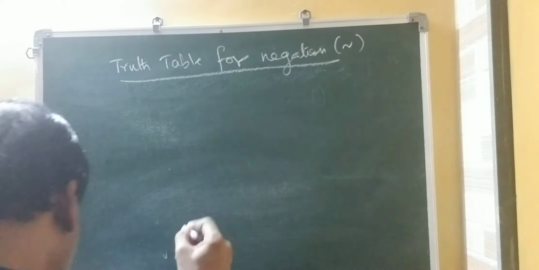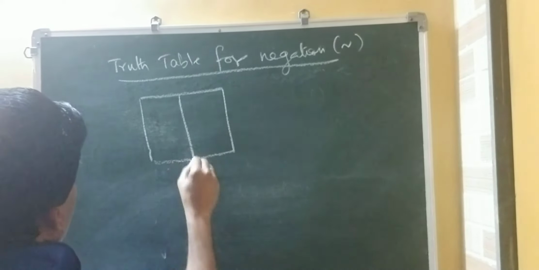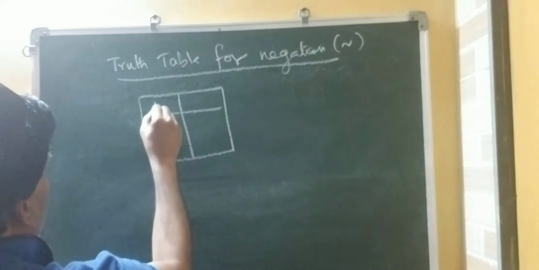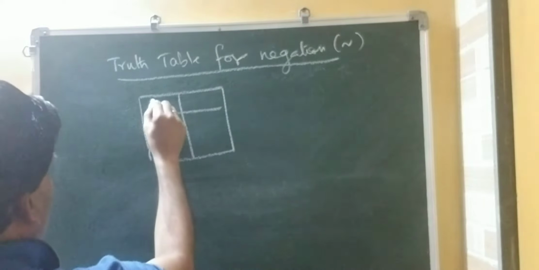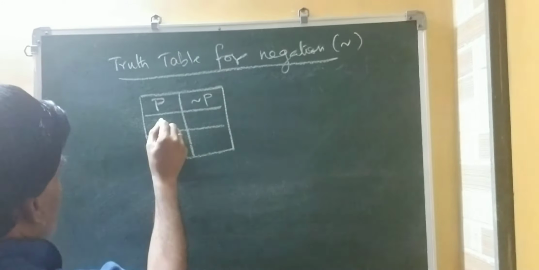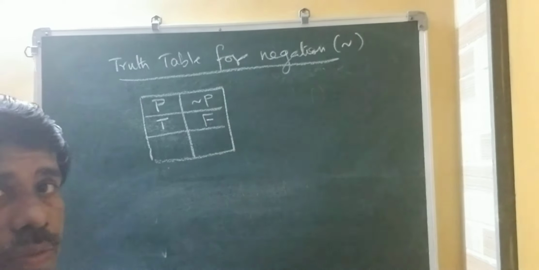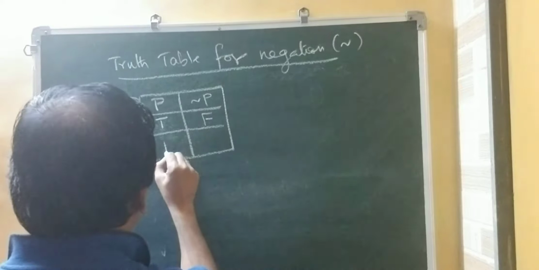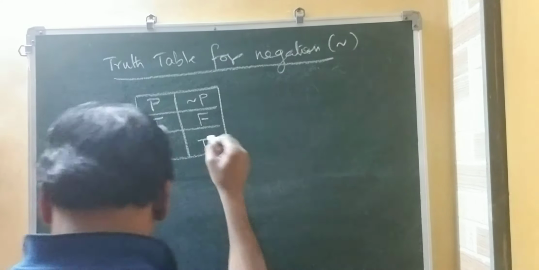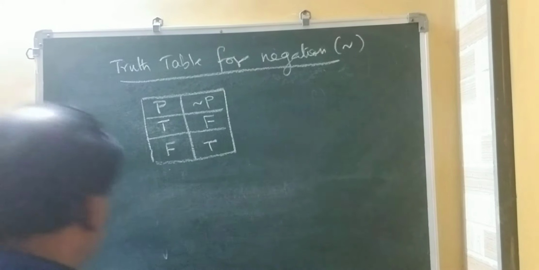Now we are going to see it for negation. See, suppose one statement is given, negation. If the statement is true, what is the negation? False. If the statement is false, then what is the negation? True. That's all.